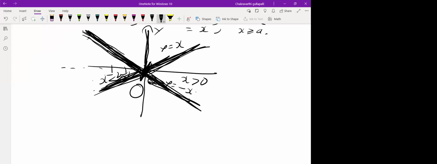This is what is called a smooth curve without a break. At all these points, f of x equal to mod x is continuous as well as differentiable. On the right side also it is smooth without any break. No break means continuous and differentiable.